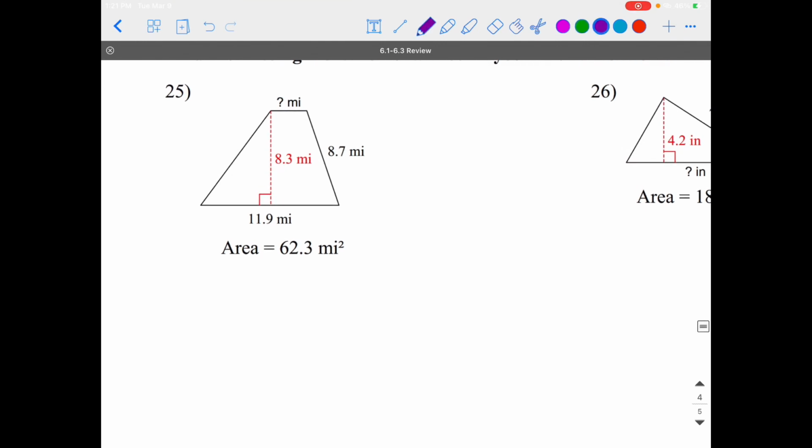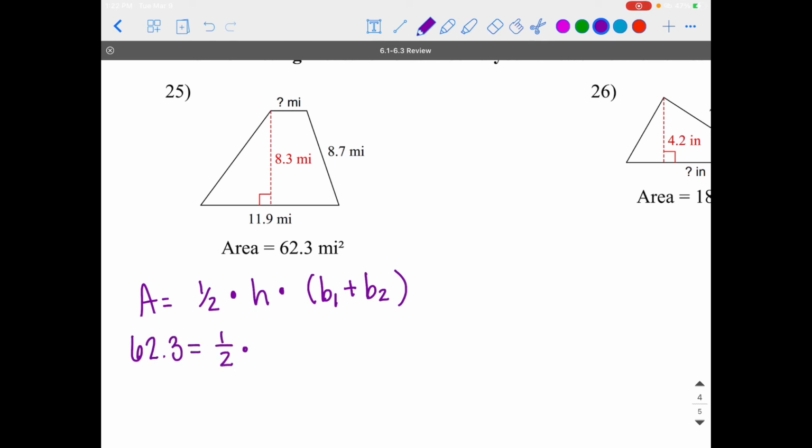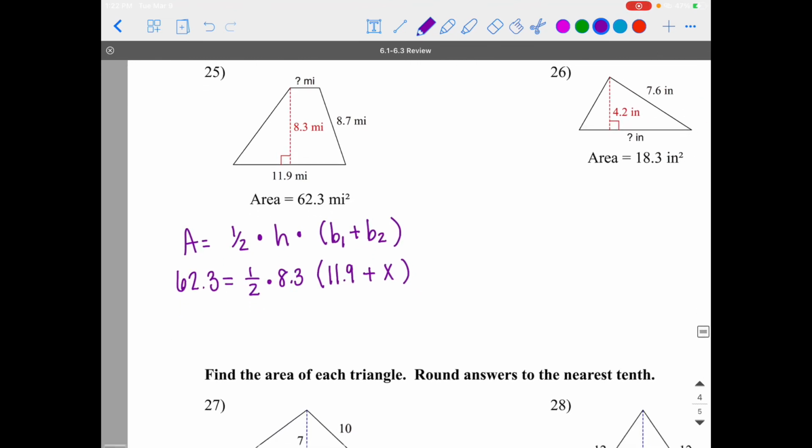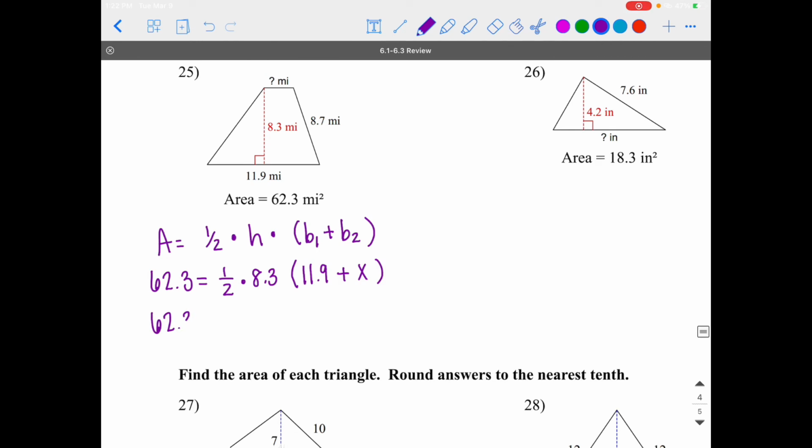This is a trapezoid. Area is half times the height times base 1 plus base 2. And so if we fill in, 62.3 equals 1/2 times 8.3 times 11.9 plus, I'm just going to call that x. Now I can go ahead and multiply 1/2 times 8.3 to get 4.15.